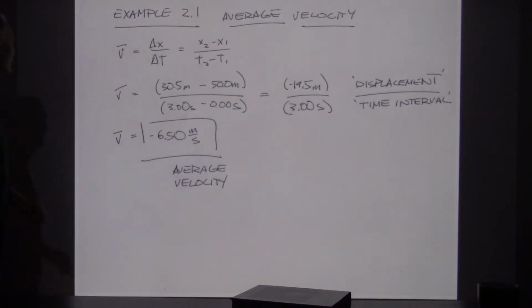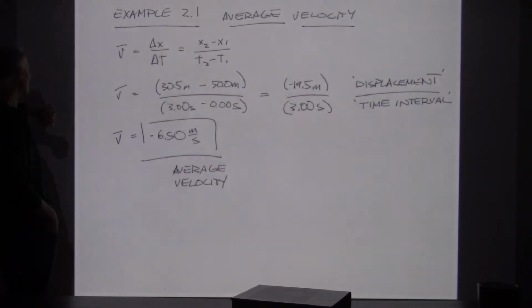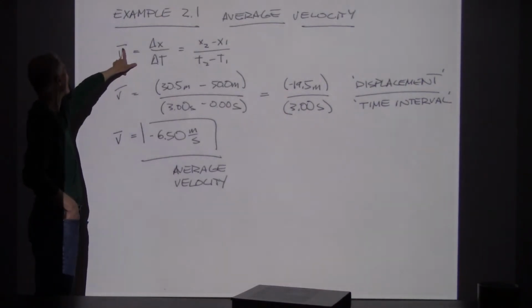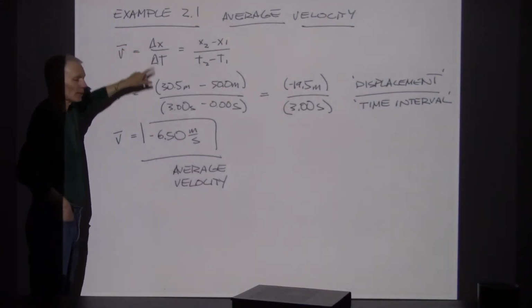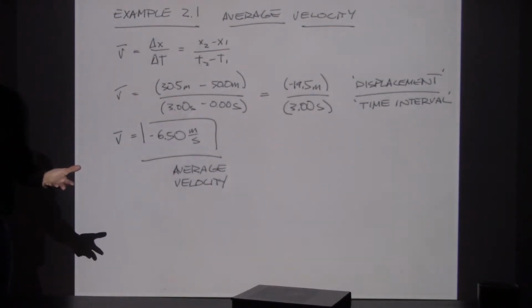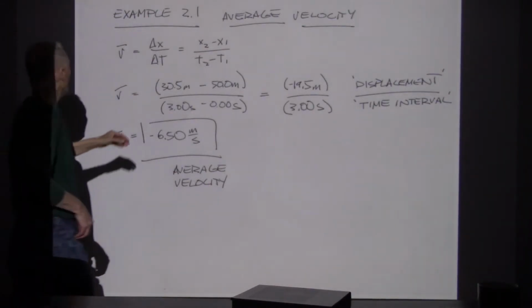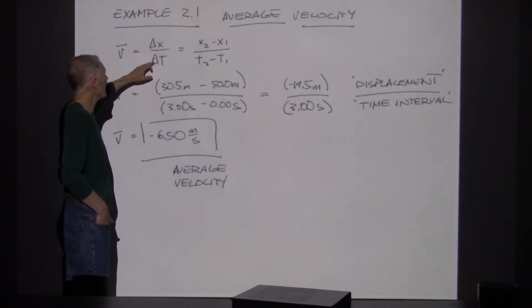So let's try that. So I'm going to say velocity. I know my V's and my R's can look the same. Sorry, I need to cross that out right there. So this is an average velocity, delta x divided by delta t. Now delta t is going to be a time interval, and delta x is going to be a displacement. So it's a displacement divided by a time interval.